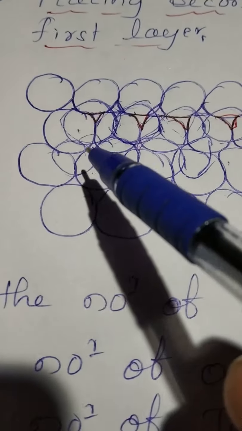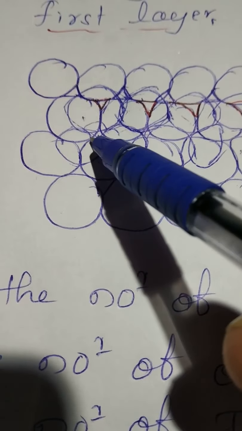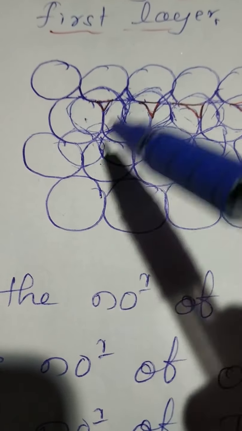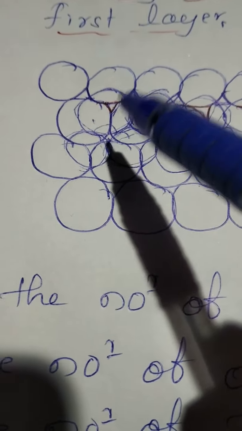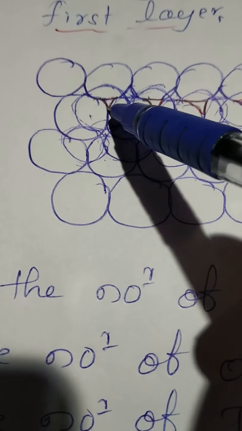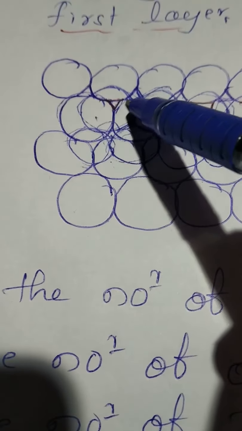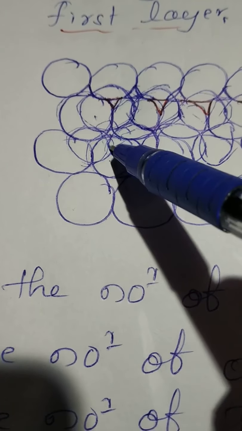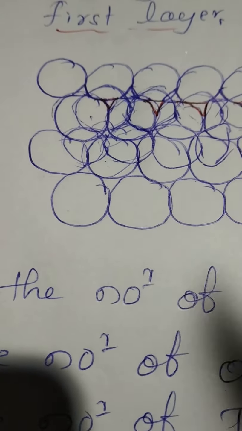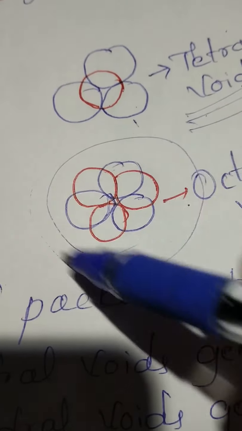And again, just see here: 1 sphere, second sphere, third sphere. These are the spheres of the second layer. And here, 1 sphere, second sphere, and this is the third sphere. These 3 spheres are of the first layer. I have drawn this small picture here.